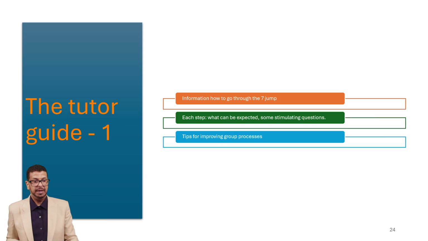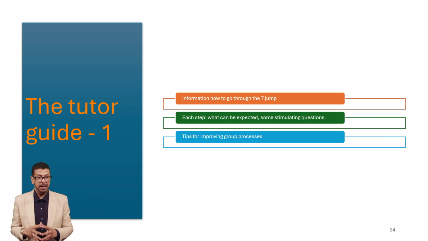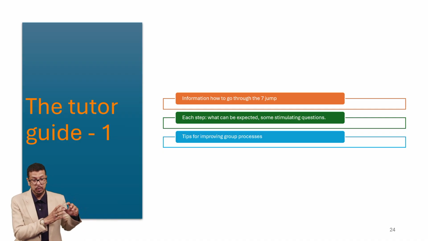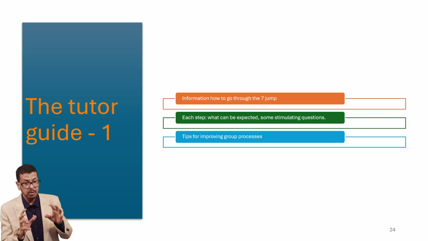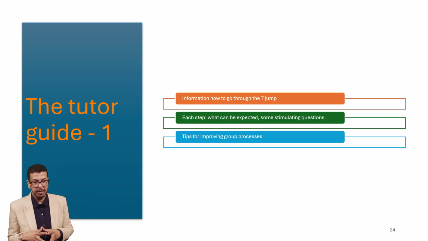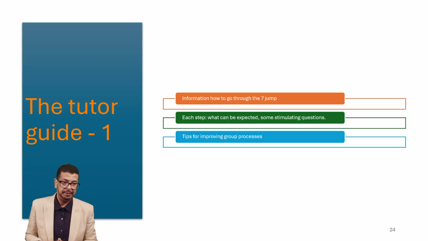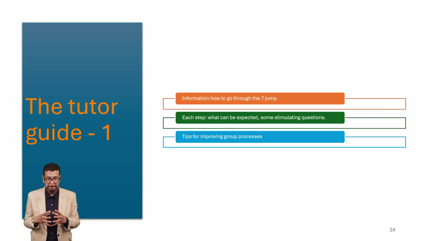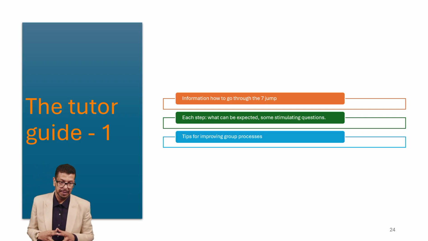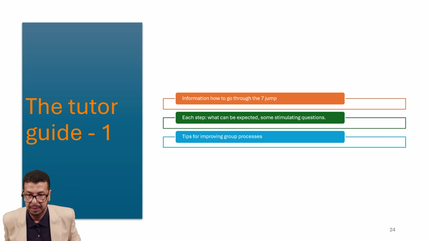Also, information about how to go through the 7 jumps approach, and detail about the 7 jump approach will be available as a part of the teaching and learning and instructional method series. Also, the tutor guide should describe each step, what can be expected, some stimulating questions, because the facilitator should not interfere with the students, only by asking questions, and tips for improving the group process.